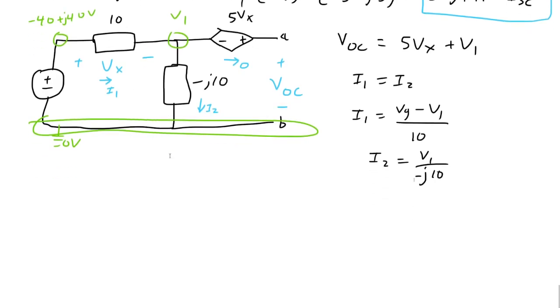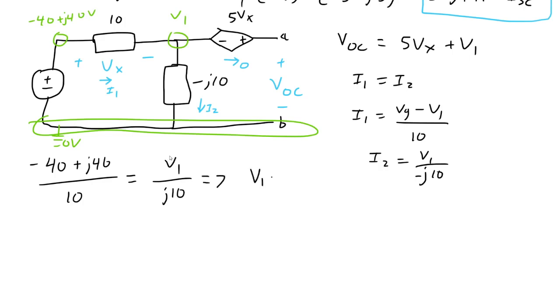So we're going to set those equal to each other. Say that minus 40 plus j40 divided by 10 equals V1 over j10. And doing a little bit of algebra, you'll be able to find out that V1 is going to be j40.